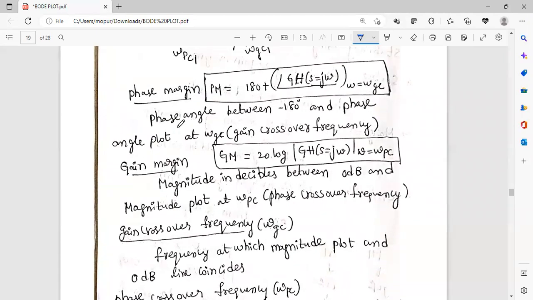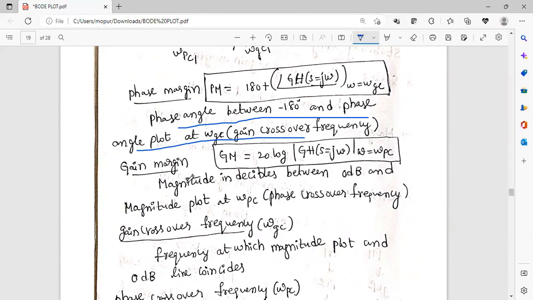Phase margin is the phase angle between the minus 180 degree line and the phase angle plot at gain crossover frequency. We know omega is taken as log omega to base 10 along the x-axis. So at gain crossover frequency, the angle between the phase angle plot and the minus 180 degree line is the phase margin.